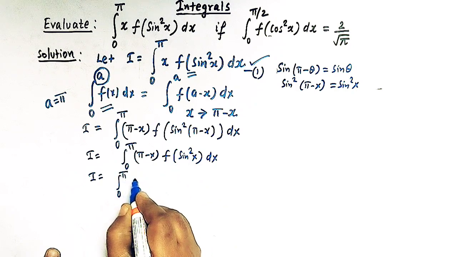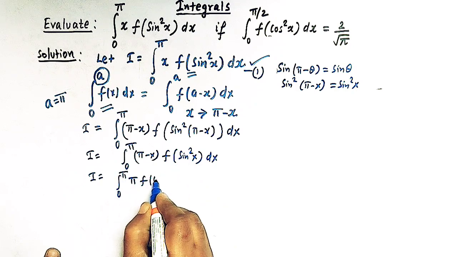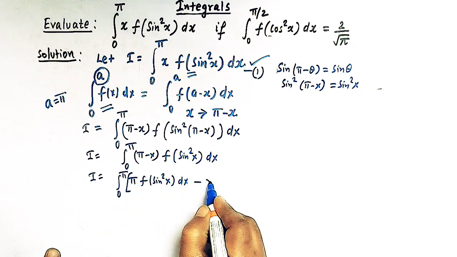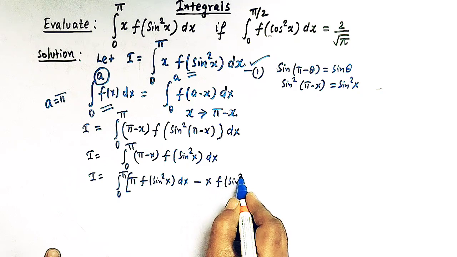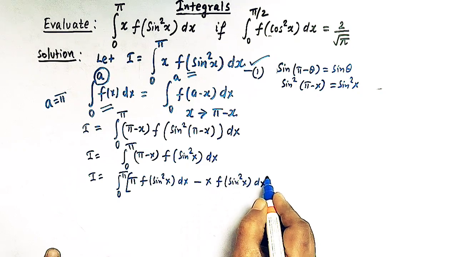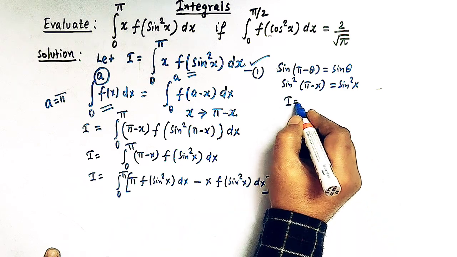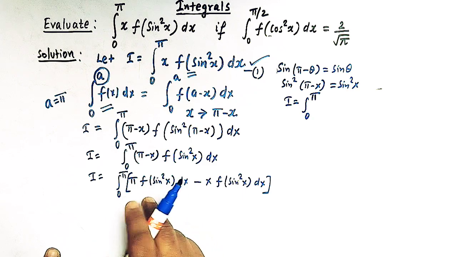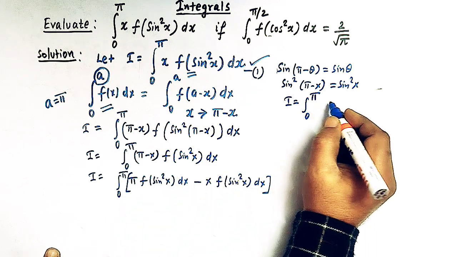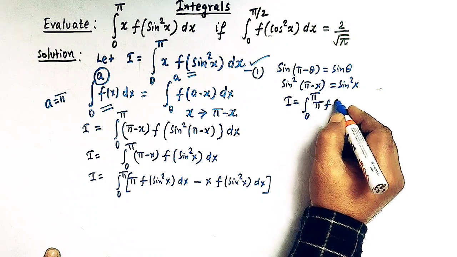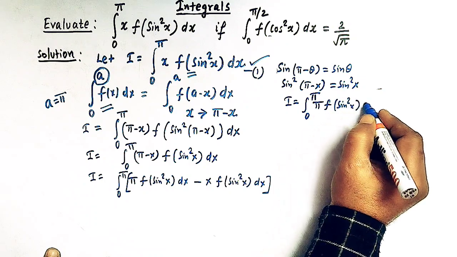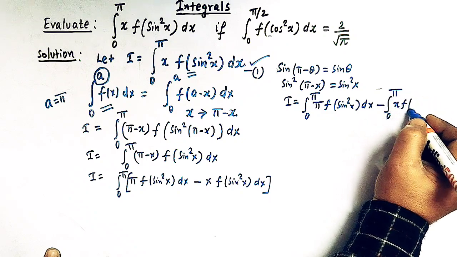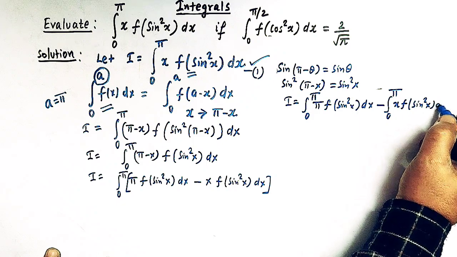So we have 0 to pi and pi f of sine square x dx, and then we have minus x f of sine square x and dx, right? Okay, so now we can write 0 to pi, so distributing this integral into these two functions, we have 0 to pi f of sine square x and dx, and here we have 0 to pi and x f of sine square x and dx.